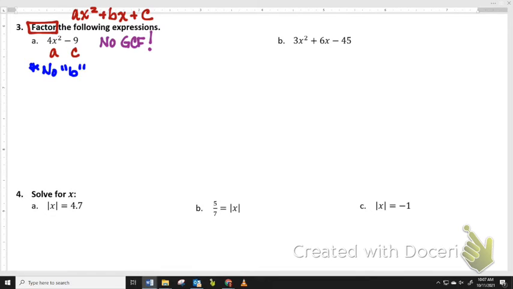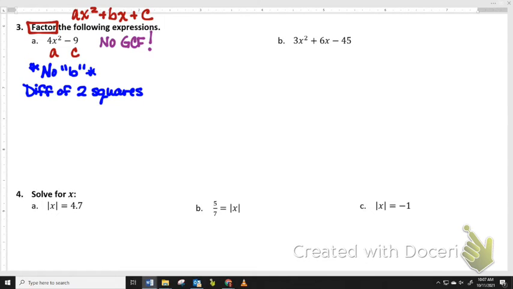This is a special situation. Does anybody remember the special name we give it when it doesn't have a B value? Yes, difference of 2 perfect squares. Difference of 2 squares.